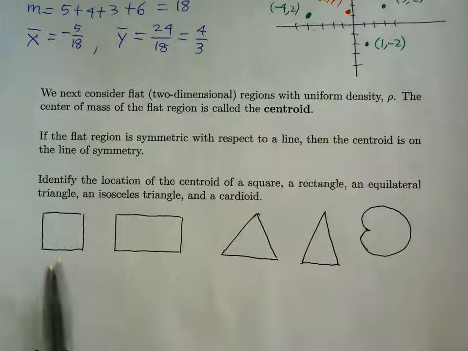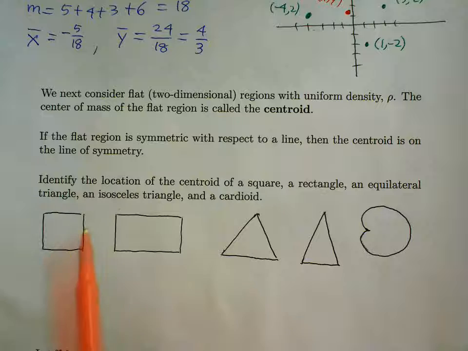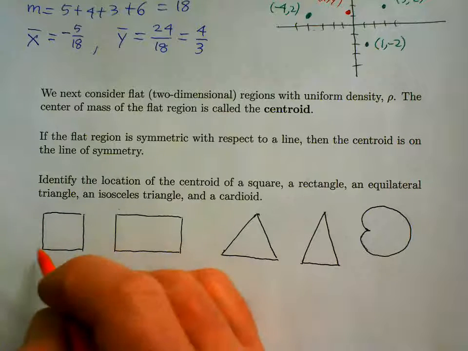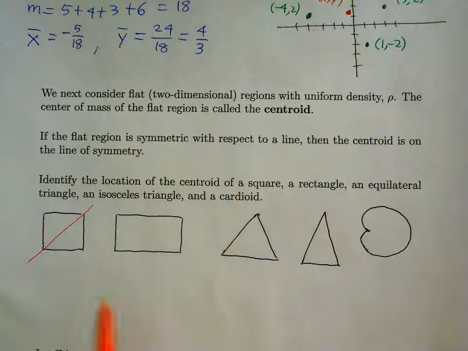Okay, well, where do you think the center of mass is on a square? Yeah, right in the middle. There's more than one line of symmetry. One line of symmetry is just a diagonal. So the left triangle is symmetric with the right triangle.